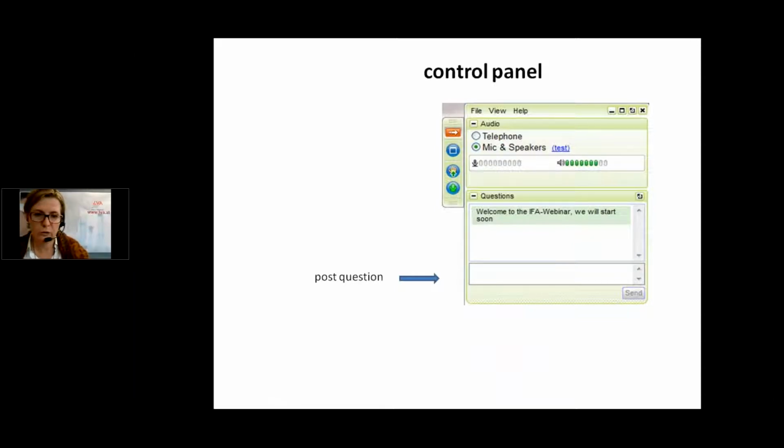So let's start with the control panel of your webinar tool. You should see this panel on the right upper corner of your screen. Let's start with the text field below. This is for posting questions, for written questions.